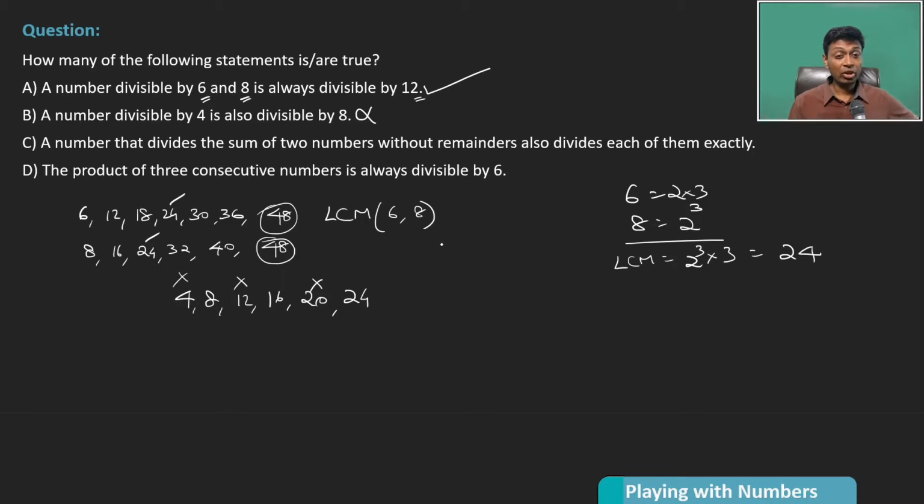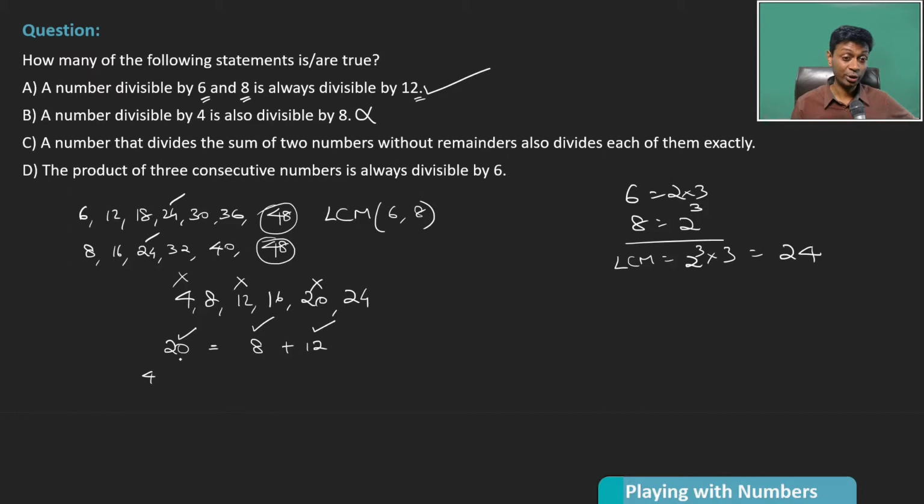A number that divides the sum of two numbers without remainder also divides each of them exactly. Interesting. So two numbers, let's say 20 is divisible by 4. 20 can be written as 8 plus 12. 4 divides 20, 4 divides 8, 4 divides 12. Is this always true?